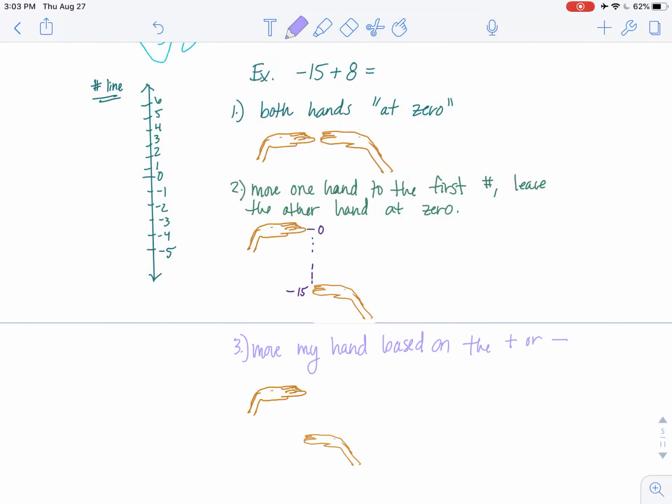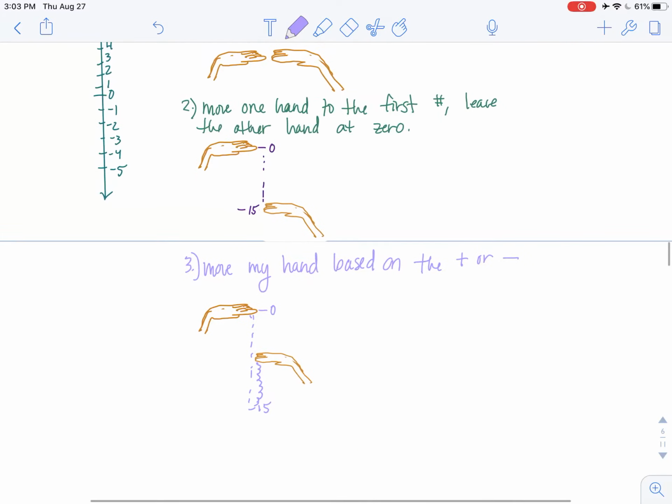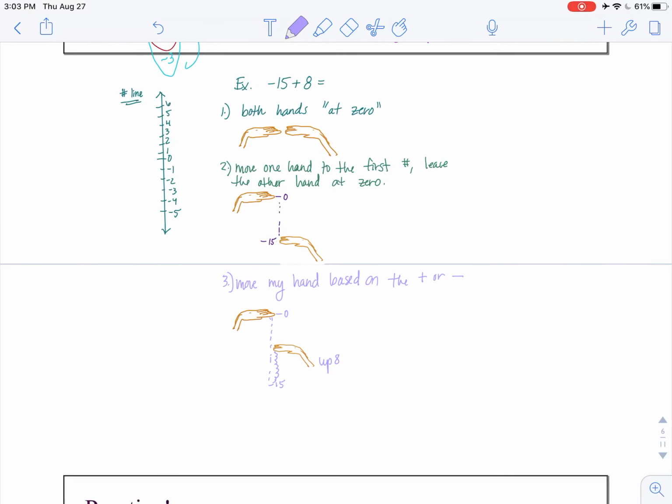So again, this is at 0 still. This is where your -15 was, and you moved it 1, 2, 3, 4, 5, 8. The reason I want you doing this is because it's practicing visualizing the number line.